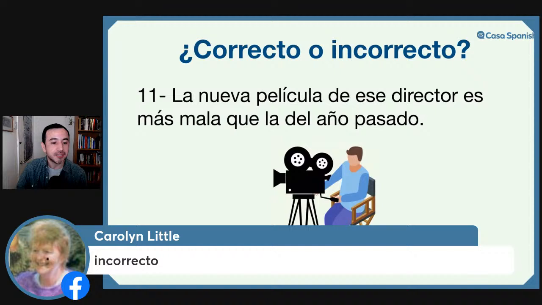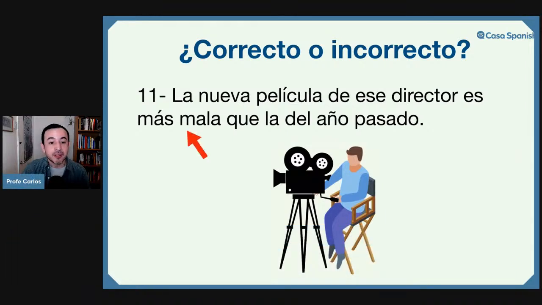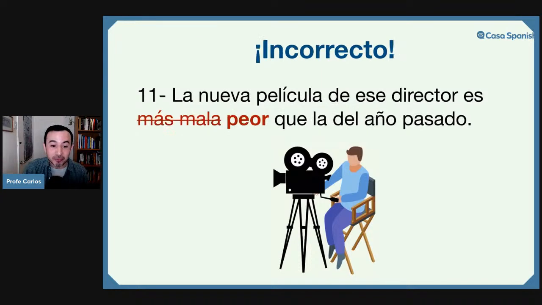Carolyn is saying that that is incorrect, incorrecto. Jim says es incorrecto, and good. Jim is giving us the answer: peor. Now, where are we going to place this peor? Here. So we don't say más mala or más malo, depending on the gender. We say peor.